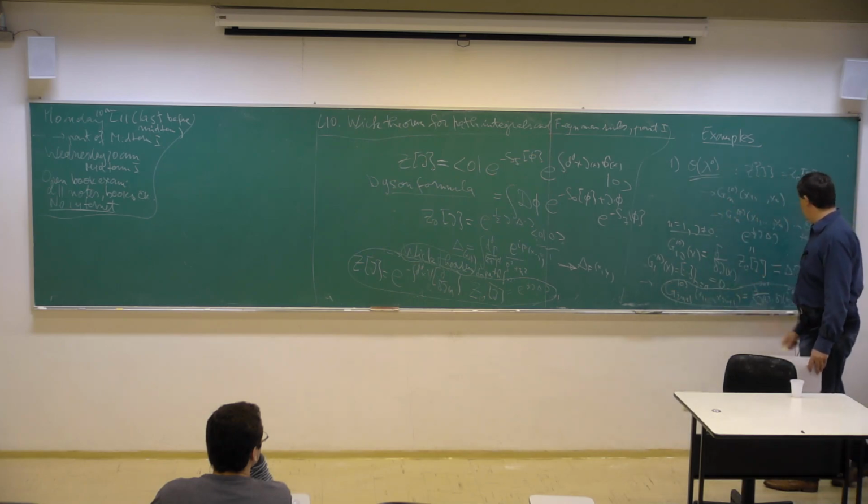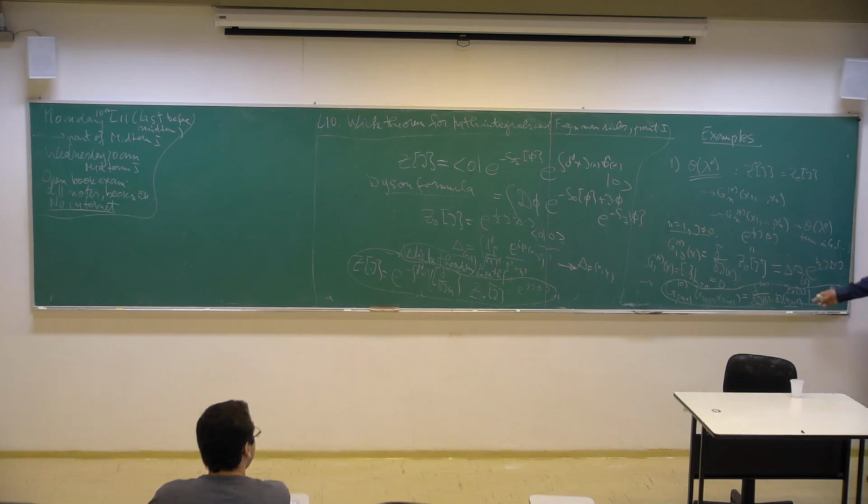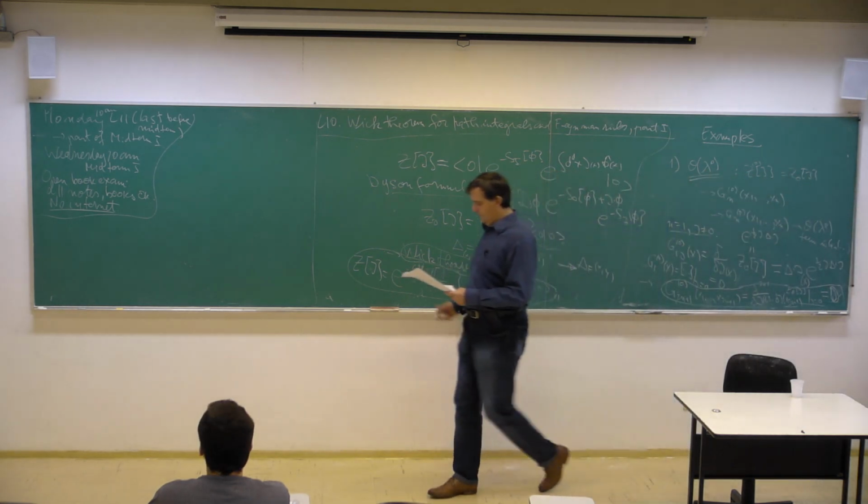Okay? So the 0th order term in the odd n-point function vanishes just because the exponent in here is quadratic in J. So by taking an odd number of derivatives, I get down at least one remaining J. When I put J equal to 0, I get 0.